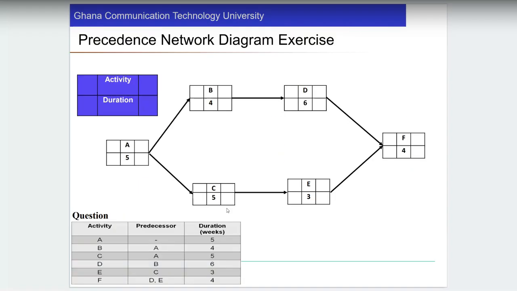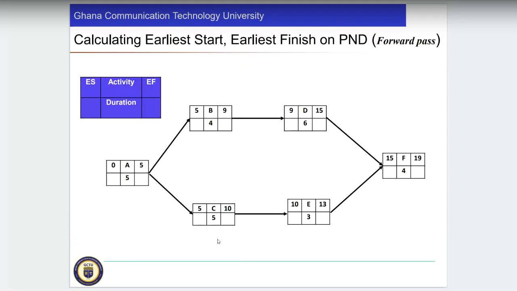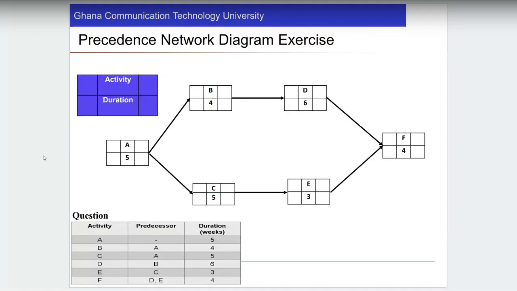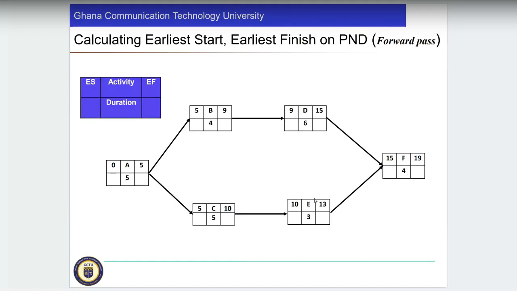So it is not this. A has a duration of 5. Yes, so it is this one. The diagram for this question is what they've done just here, but they just want to explain something. Please, I hope it's clear.